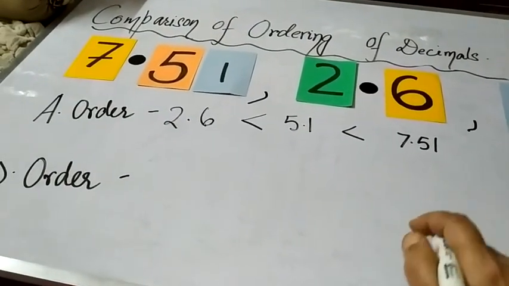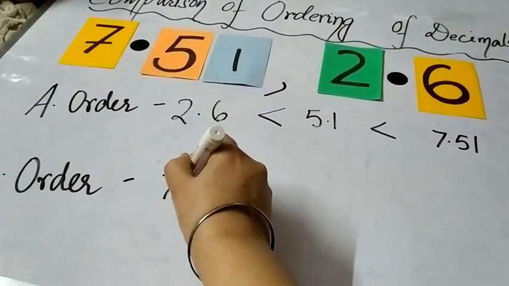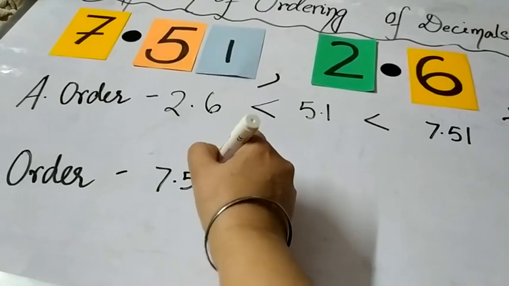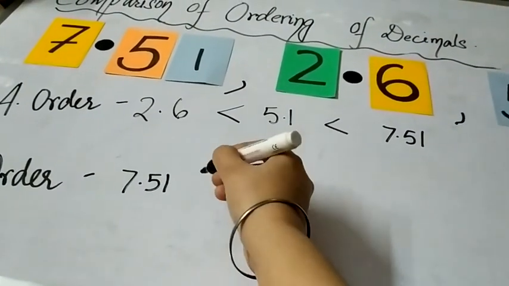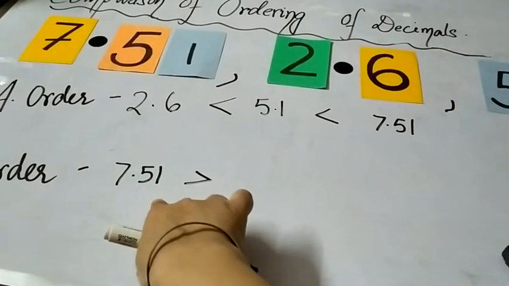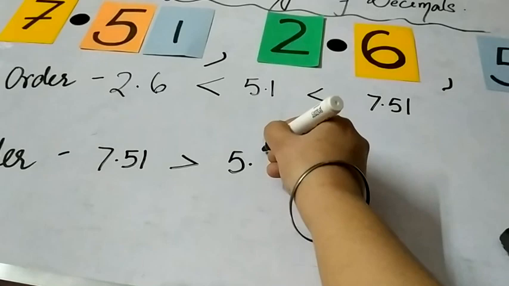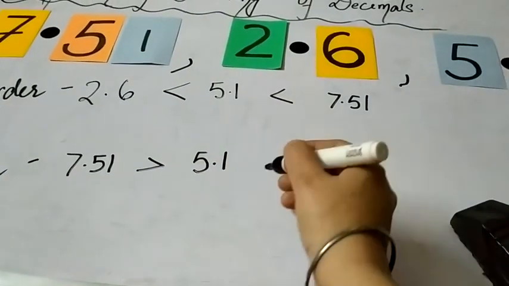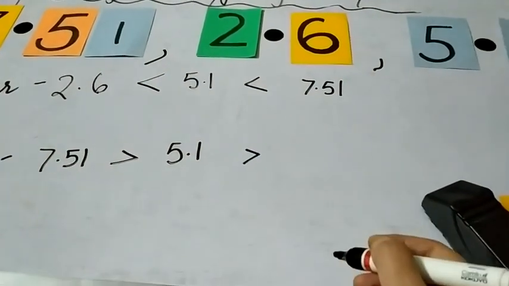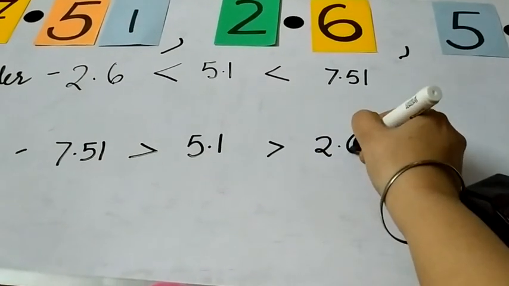In descending order, we write the biggest number first. Now we know the number starting with 7 is the biggest number, so we will write 7.51, and here we will put the sign bigger than, the descending order sign. This number is bigger than this. So after 7 we will write the number starting with 5, and then again the sign, and then we will write the smallest number, which is 2.6.